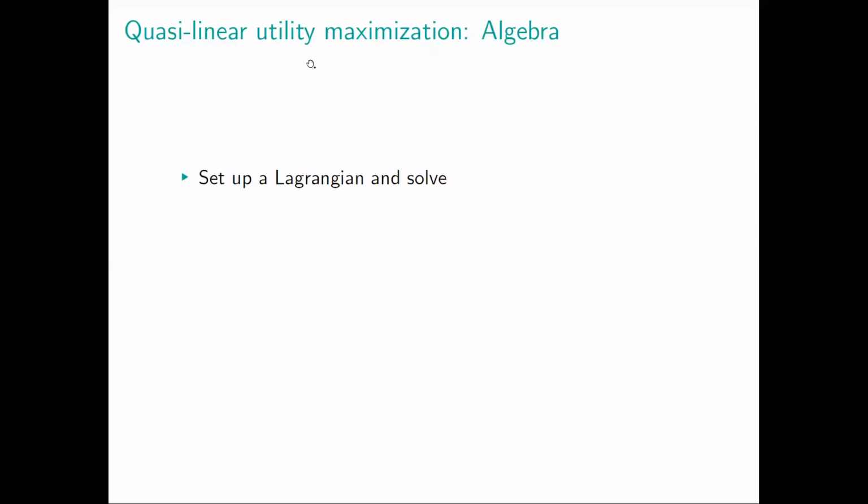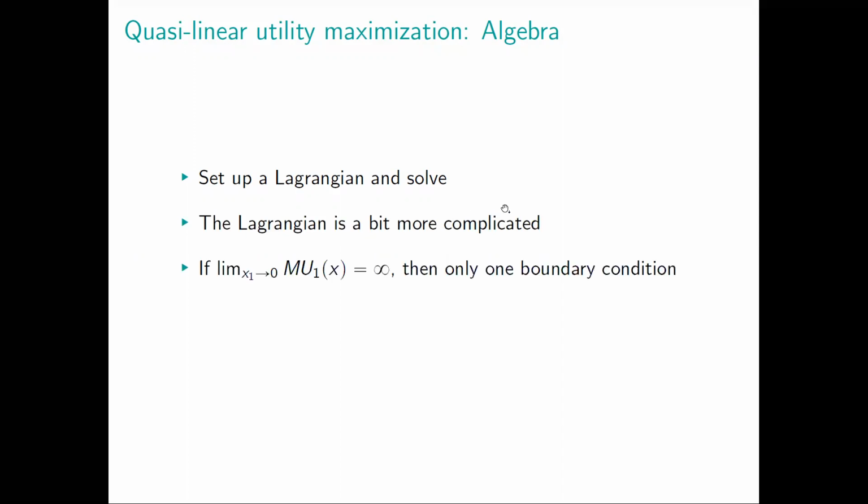So we're going to set up a Lagrangian and solve this, right? There's no way to keep track of everything with all of the things going on. But this Lagrangian is going to be a bit more complicated. One nice thing to note is that if you have the limit of the marginal utility of the utility function going to infinity, then you only have one boundary condition to worry about, right?